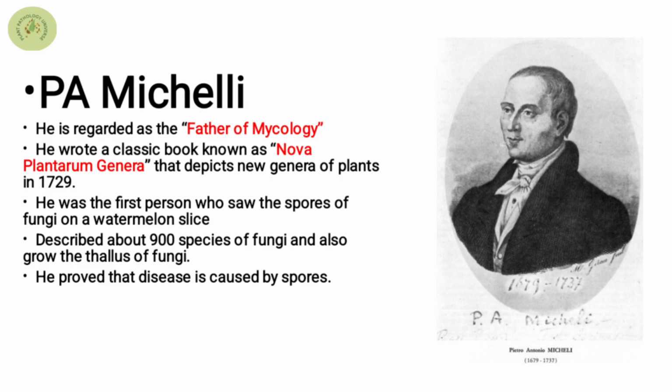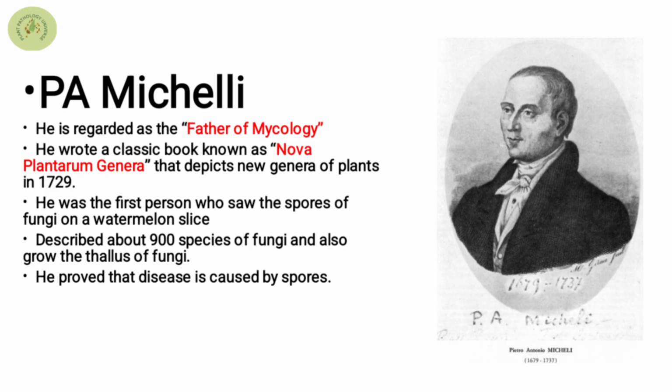The name of the book was Nova Plantarum Genera, which he basically wrote in 1729, right? He was the first person who saw the spores of fungus, that too on a watermelon slice. He described about 900 species of fungi and proved that diseases are caused by spores, right?